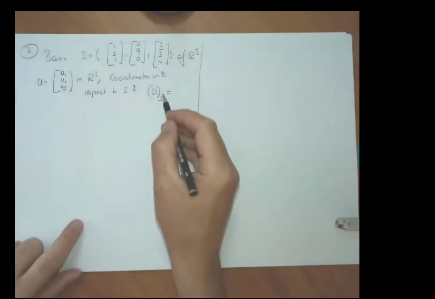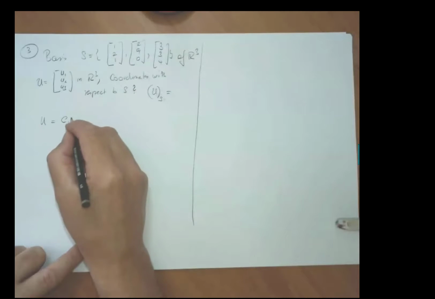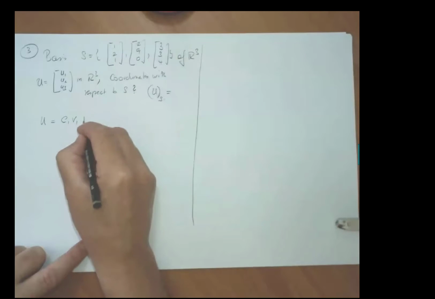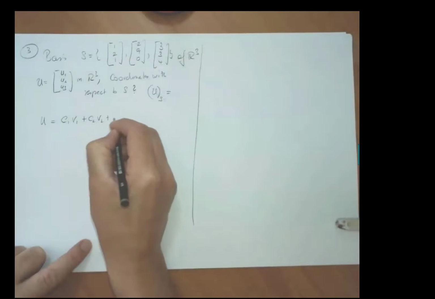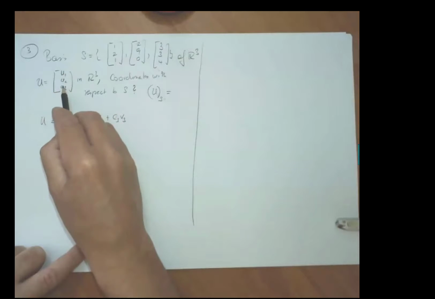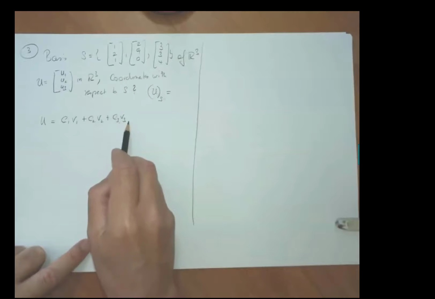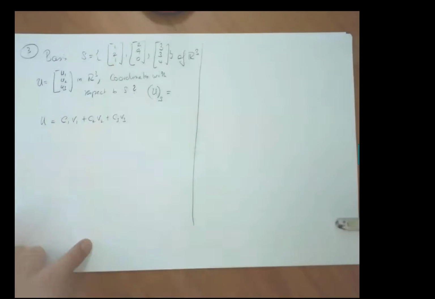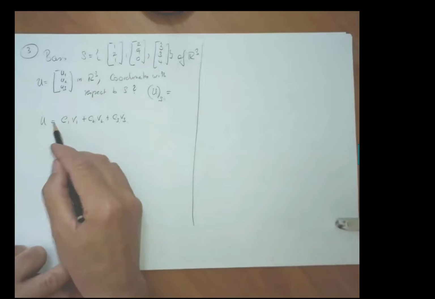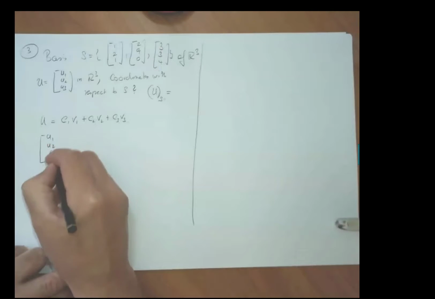Okay, so the question is, if you have u and you write it as c1 v1 plus c2 v2 plus c3 v3, and these are the coordinates with respect to the standard basis, how do we find the coordinates with respect to the basis S? So again, what kind of question is this? Here we have u1, u2, u3.